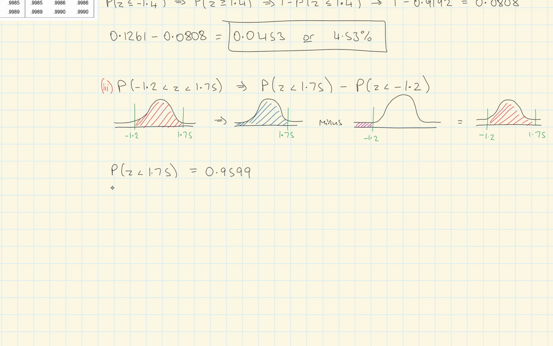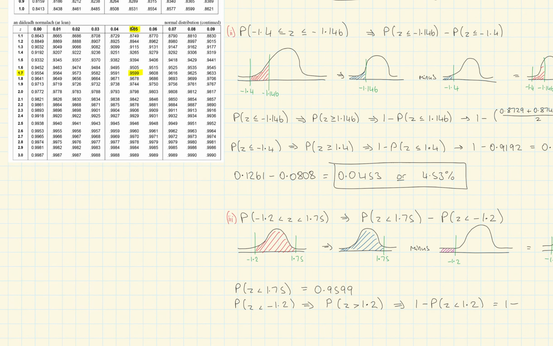And then we have the probability that Z is less than minus 1.2. We have a minus sign. We need to change that. So if we change the sign, we change the inequality. Z is greater than 1.2, which using our cases we can't do. So Z is less than 1.2, probability that should be 1 minus.